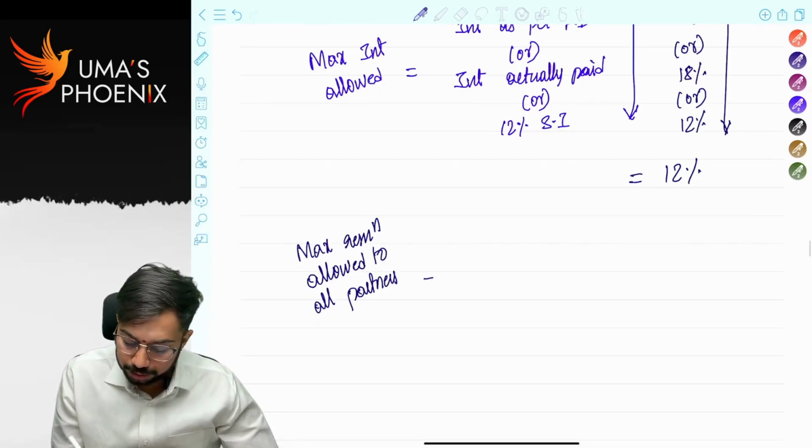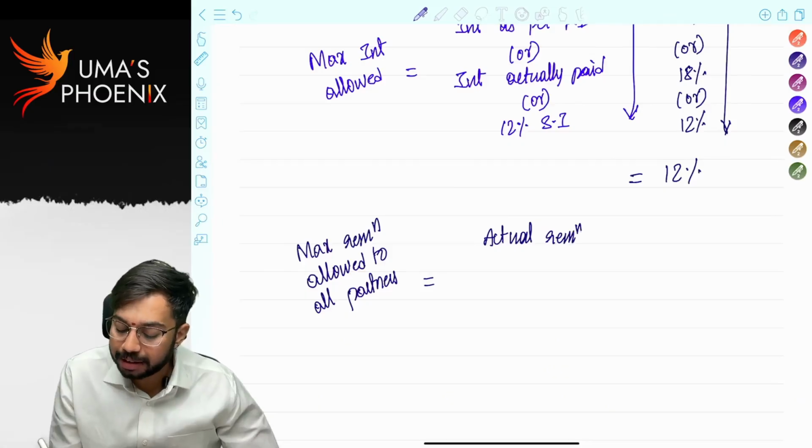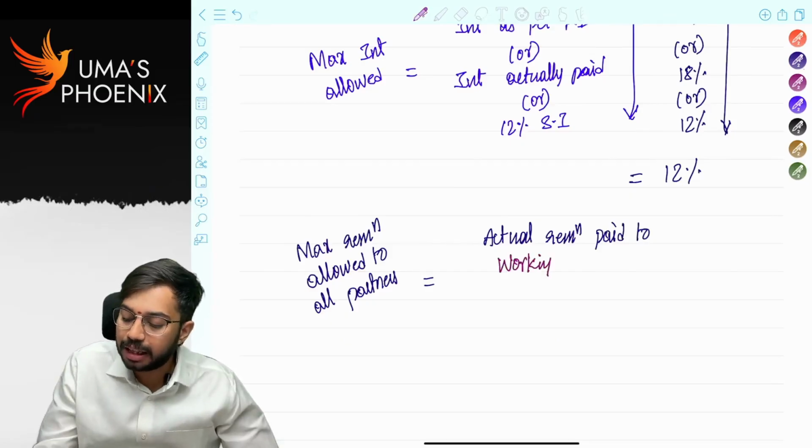is equal to actual remuneration paid to working partners. Why am I using working partners? Because if remuneration is paid to sleeping partners, that is not allowed as deduction.